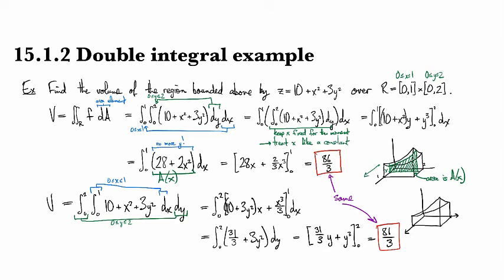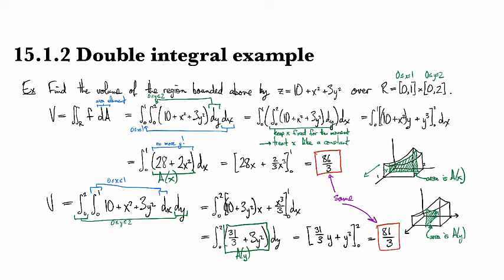So this time what we did is we fixed some y value on the y-axis here, and we took a slice and we figured out what the cross-sectional area is at that particular value of y. And that's exactly what we found here. So that's the area of this object as a function of y at a particular y coordinate.